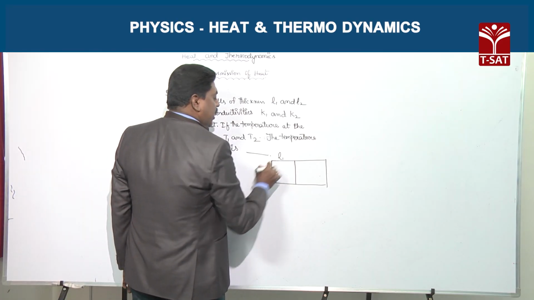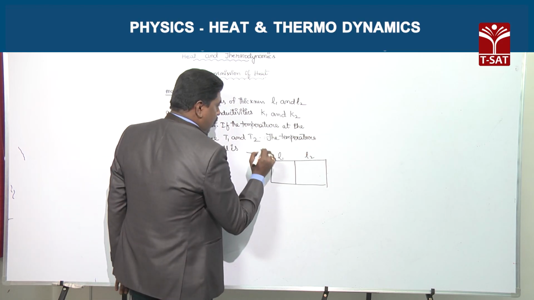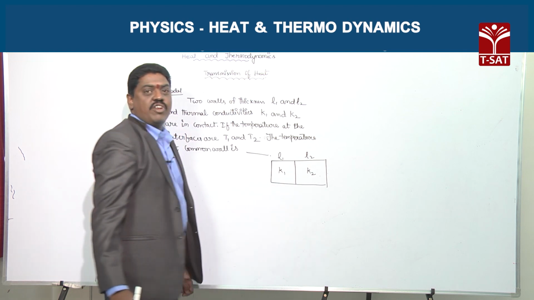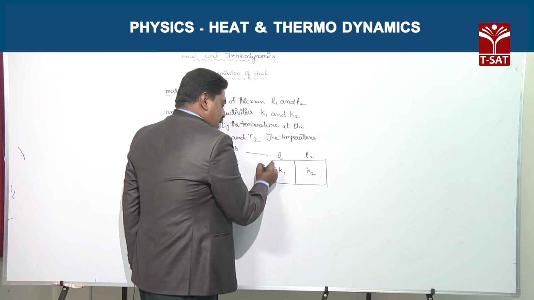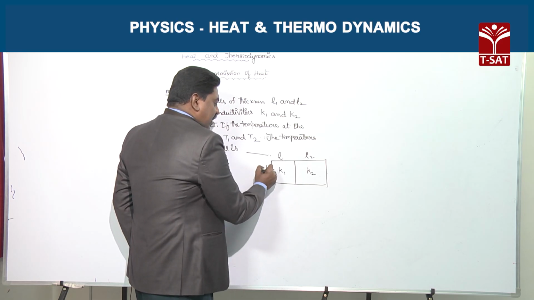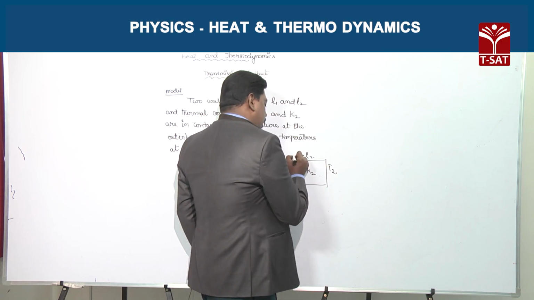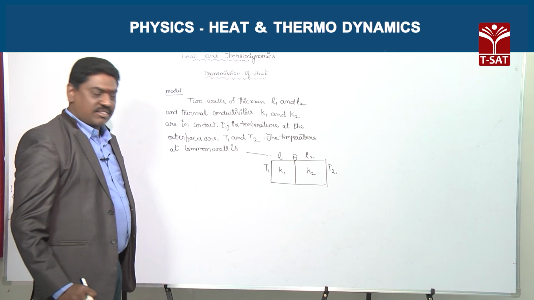Okay, L1 is the length and L2 is the other length. K1 and K2 are the coefficients of thermal conductivity of the two walls. At the first end the temperature is T1 and at the second end the temperature is T2, and theta is the temperature at the point of contact.